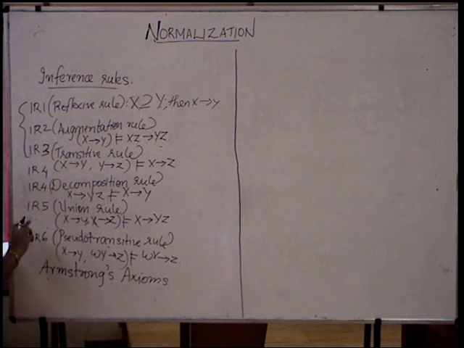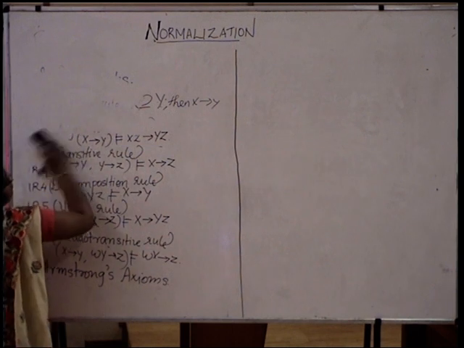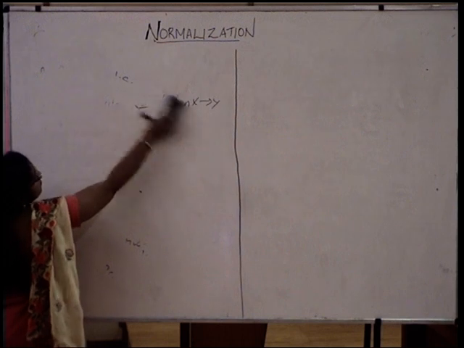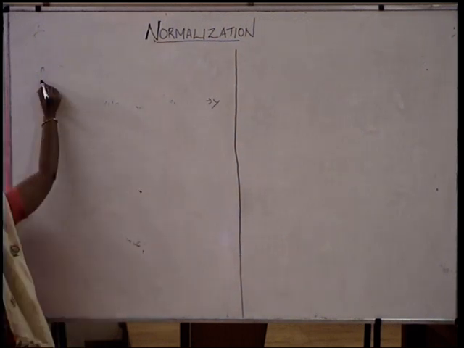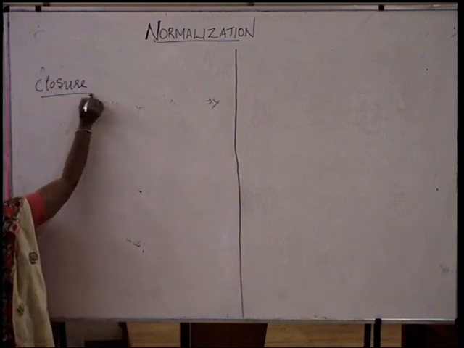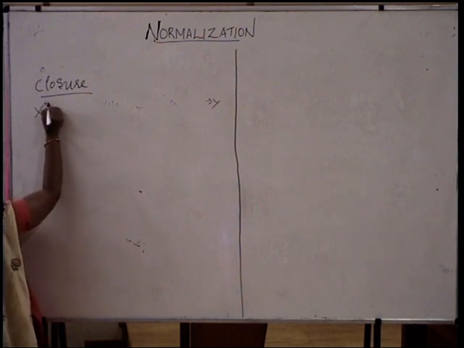Next, using these inference rules, we have to find out the closure of an attribute. Next is closure. So the closure of an attribute is represented by X plus.